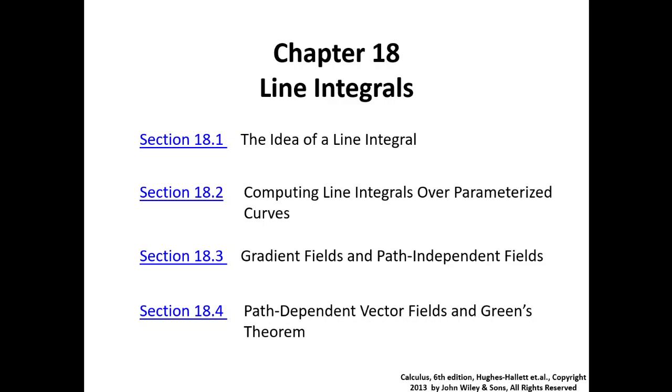Otherwise, today we're going to look at 18.1 and 18.2. By Friday, I will have 18.3 and 18.4 lectures up and running, so you can go through those. But they're each bringing in concepts of vectors that we've done and parameterized curves that we've done. So it brings a couple different concepts together.